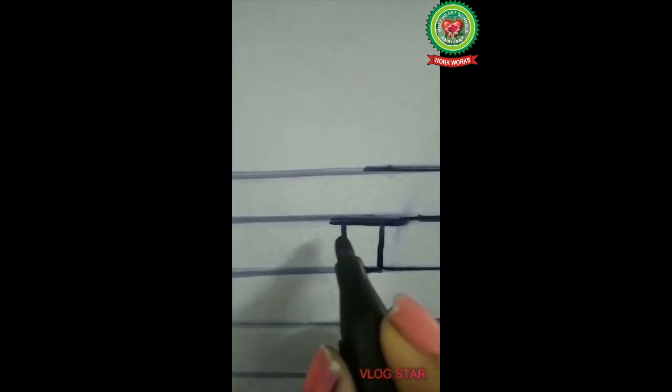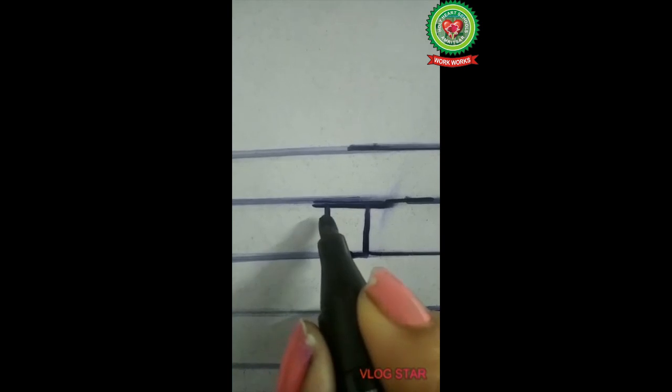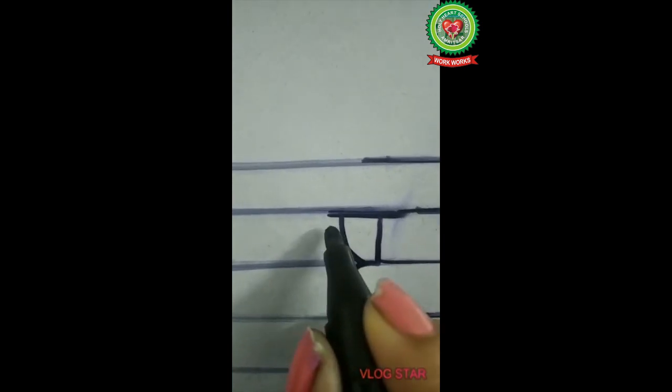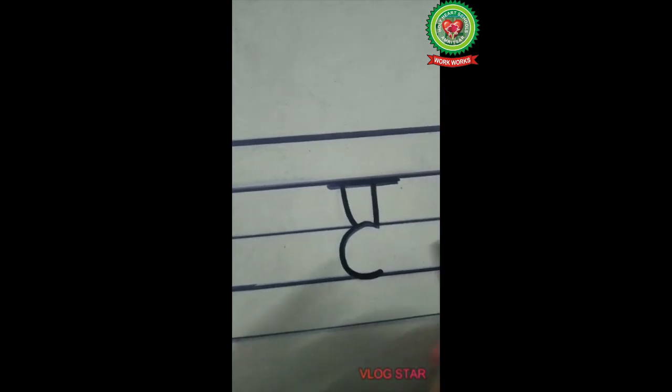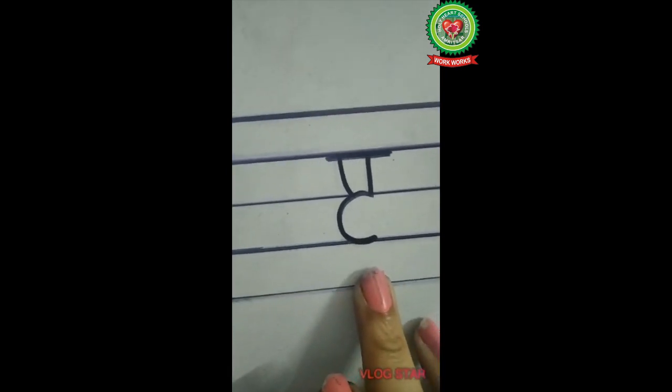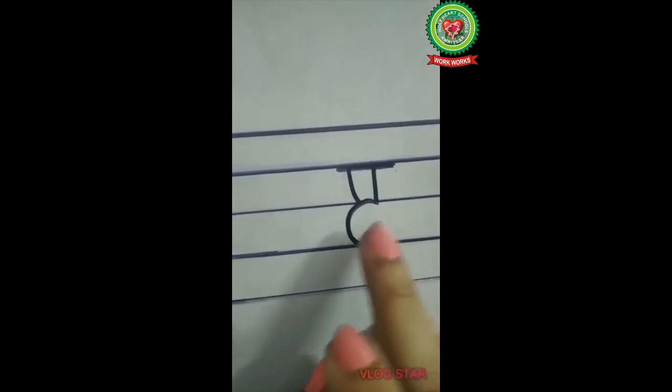Here you can see the gap. I have left a gap and then I draw a line. Now here I will leave some gap and I will draw a line like this. Now you have learned how to write ED.